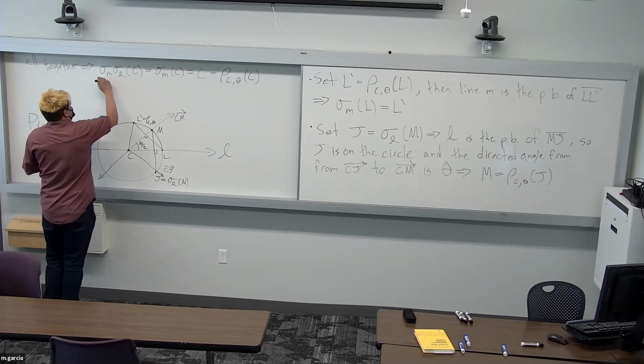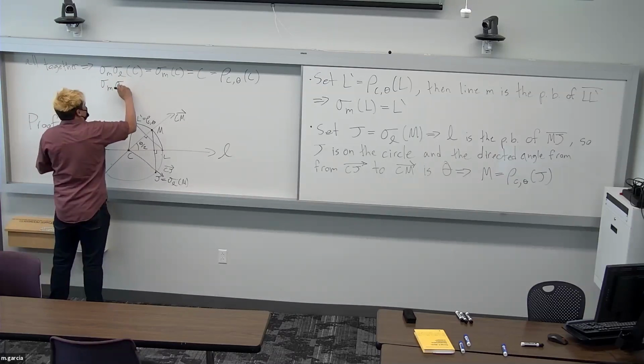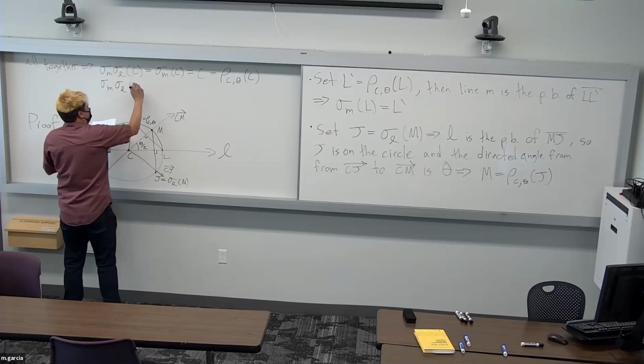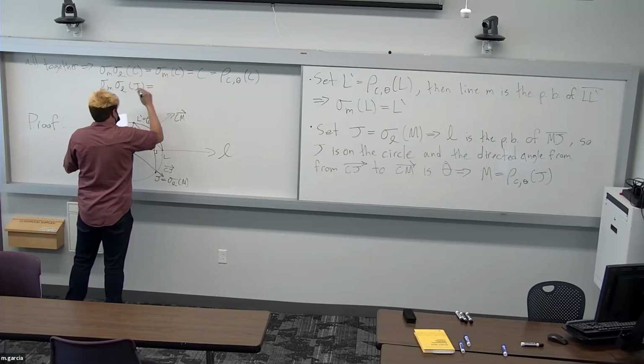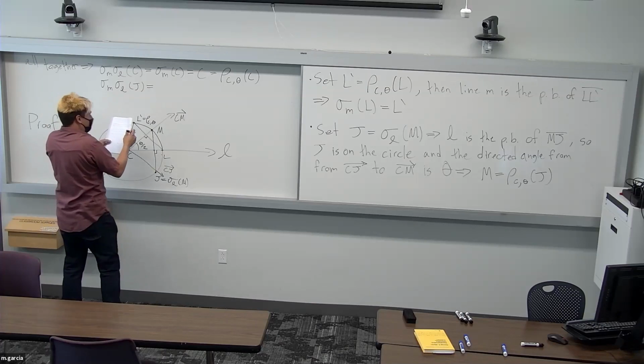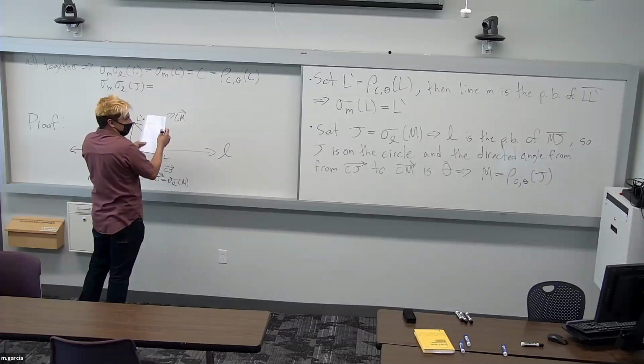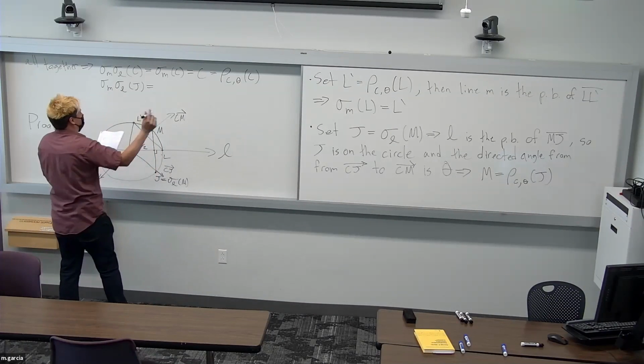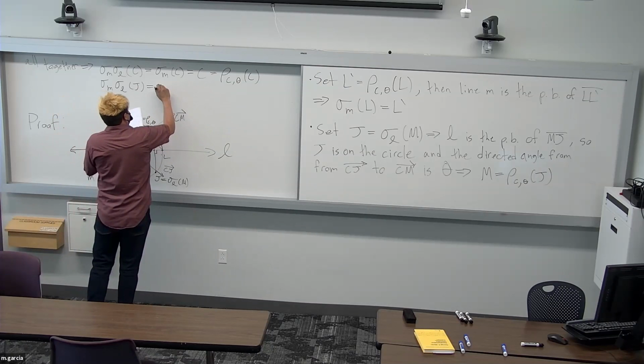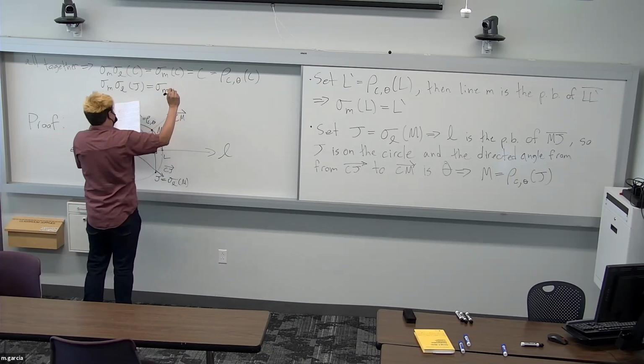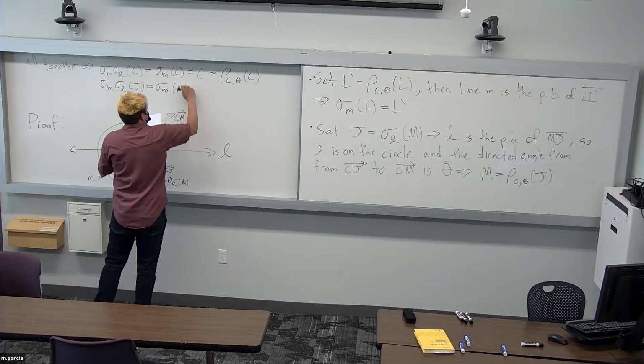Okay, so what about sigma M, sigma L of J? Well, sigma L of J is just equal to M, right? Where did I get that from?